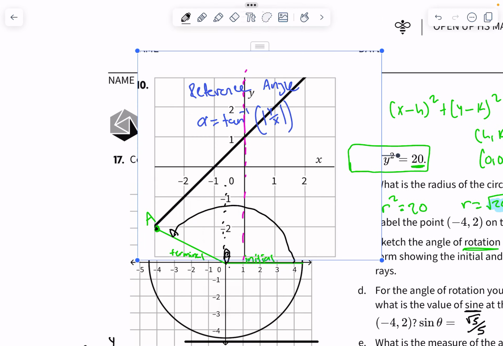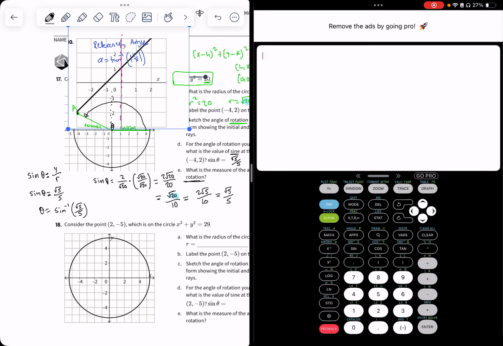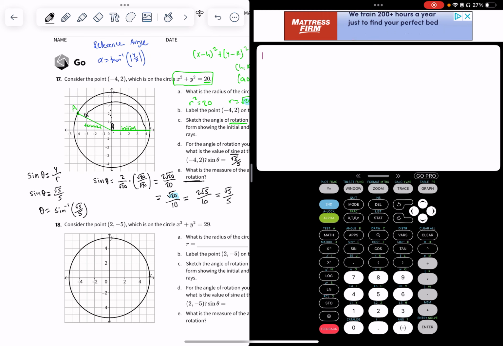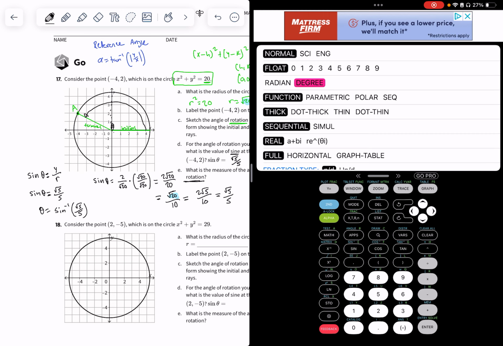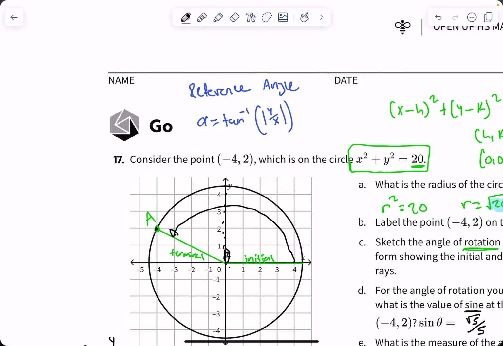So let's go to our calculators. Make sure you're in degrees. Then sine inverse of square root 5 over 5 is equal to 26.565 degrees. Okay.